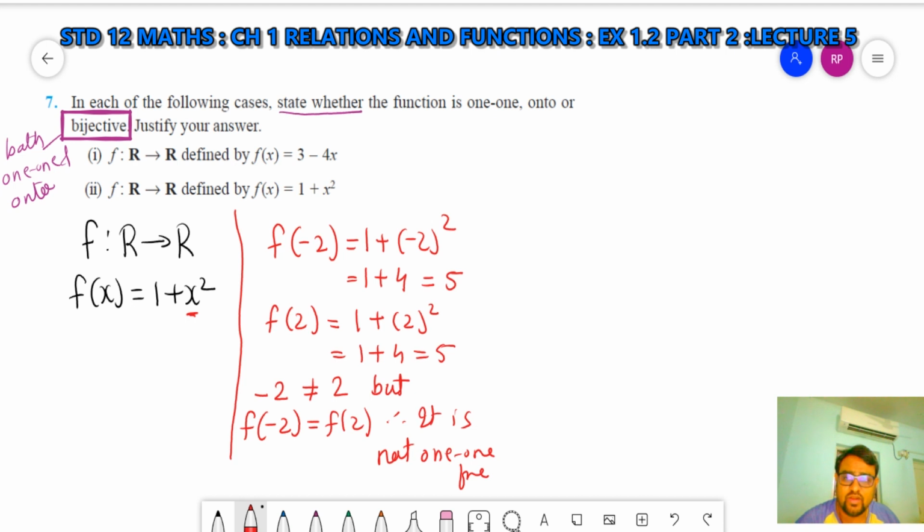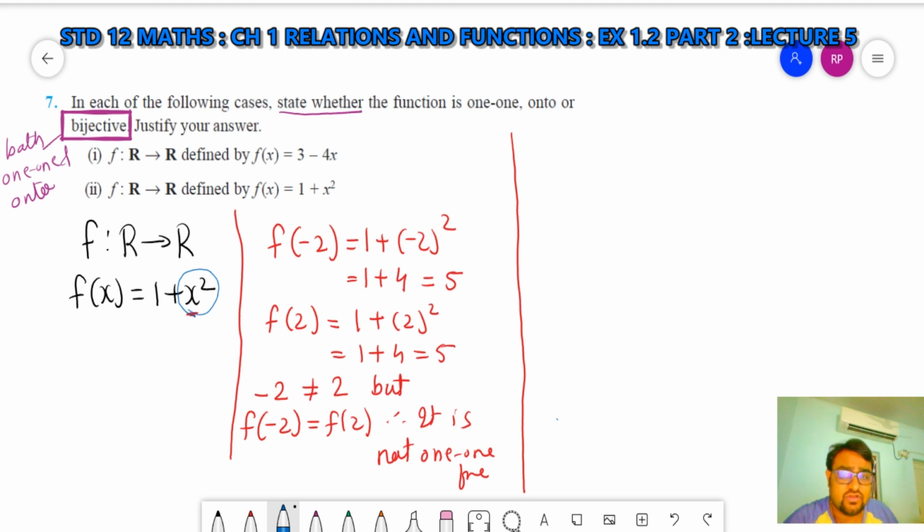But we need to check it for the onto function. Now for onto function, what do you do? Here it is a square. If I take x as 0, what is the minimum value of x square? 0, right? It can have 1, 2, 3, 4, 5, any value, but it cannot have a value less than 0 because a square is never negative.